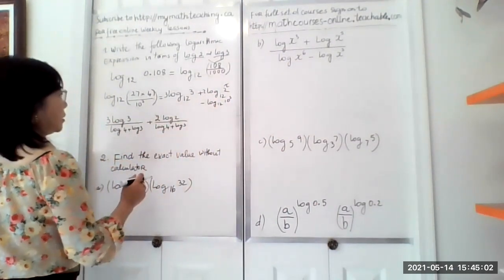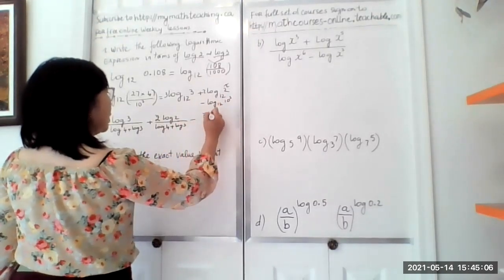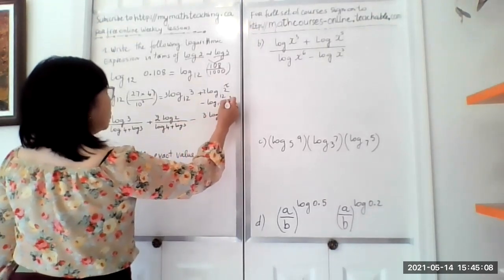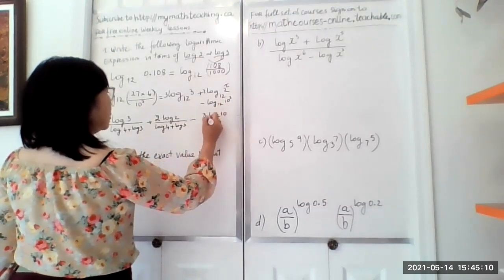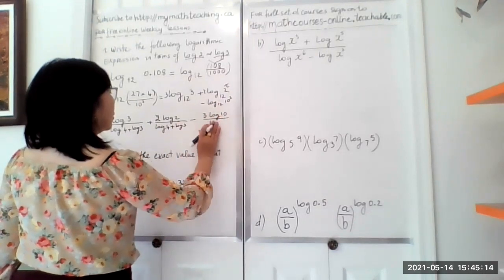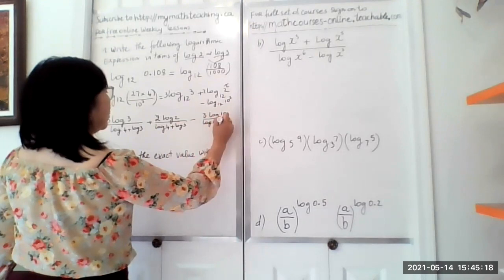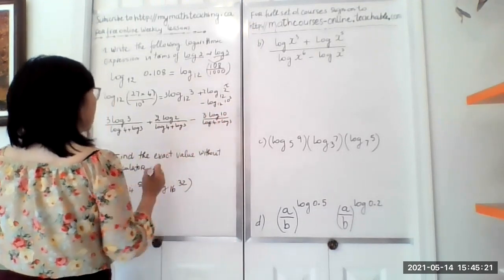Which is the same as this. Minus, we'll bring the 3 in front, and this will be log 10 on the top, divided by log 4 adding with log 3.